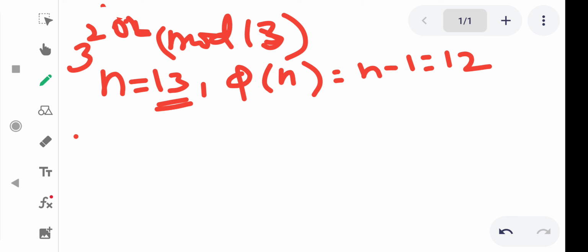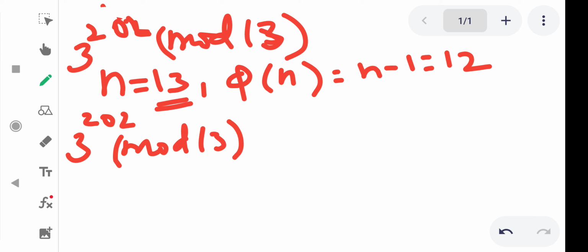Okay, so 3 power 202 mod 13 is represented as 3 power 12 into something, because here phi of n is 12, so we divide 202 by 12.